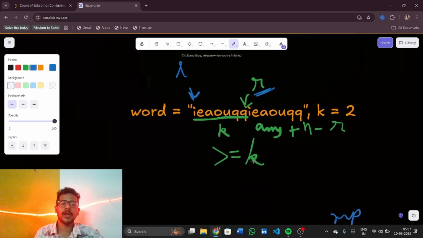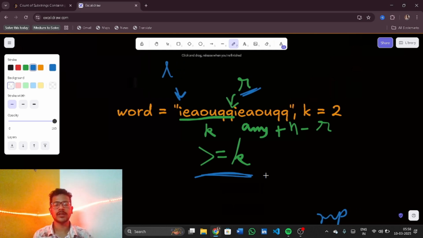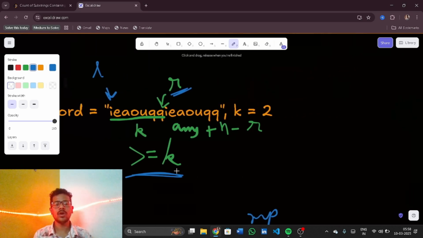Now, I got the substrings count which is having K and greater than K consonants. Now, what will be here? Let us think about it. What are the substrings which are having this count, or what will be the substrings?